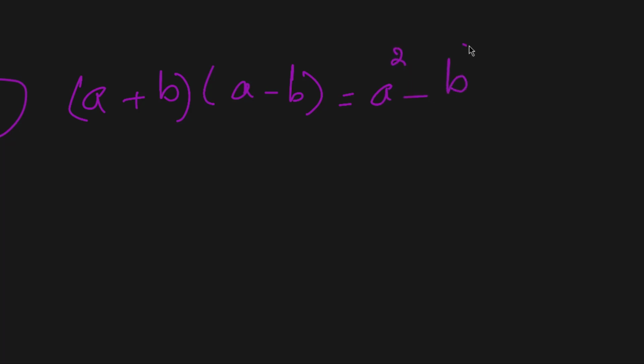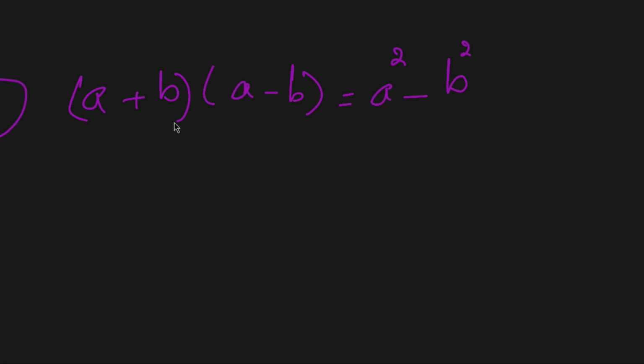Now let's see what the third identity is. So our third identity is a plus b into a minus b equals a squared minus b squared.